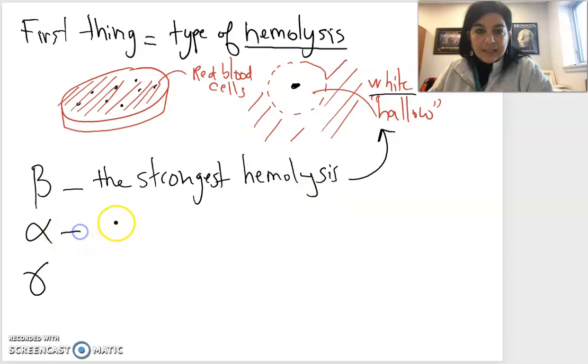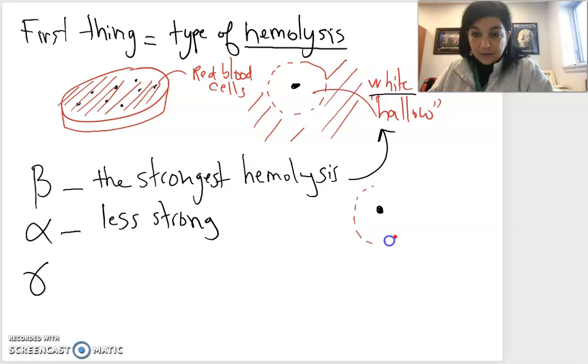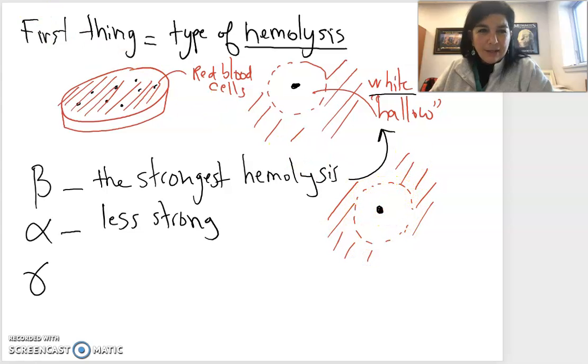Alpha is less strong. So when you look at cells on the surface of a plate, and they did have some hemolytic effect on the red blood cells in the plate, there is a halo around them, except it's not a complete breakdown of the cells, and we have a greenish halo.